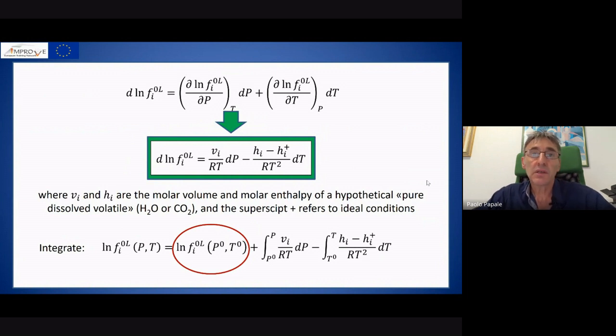At fixed given pressure and temperature, and for a given pure volatile, no matter if real or hypothetical, the fugacity is no more a variable. It is just a number.